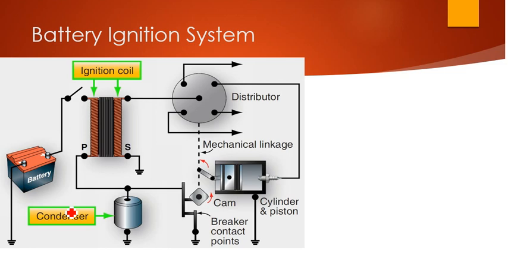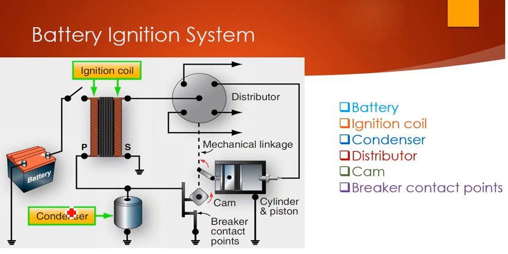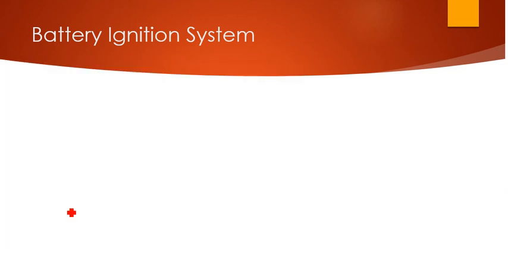Now we can describe this from our diagram itself. The parts for battery ignition system are: battery, ignition coil, condenser, the distributor and the cam, breaker contact points and the mechanical linkages, then cylinder and piston.